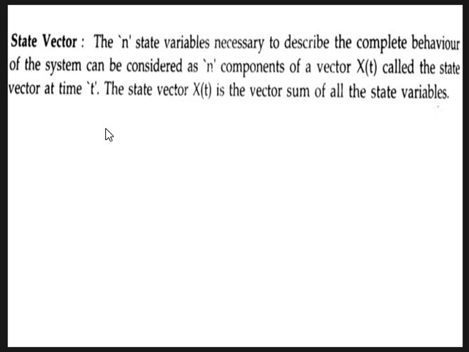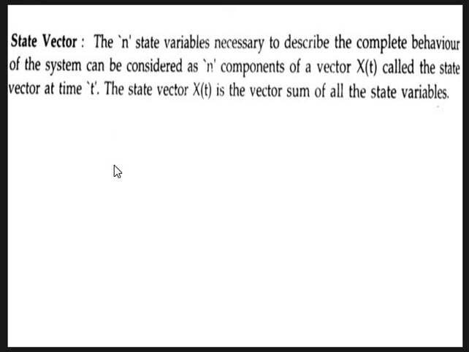To describe the total behavior of the system, n state variables are required. Combining these n state variables in vector form is called the state vector.